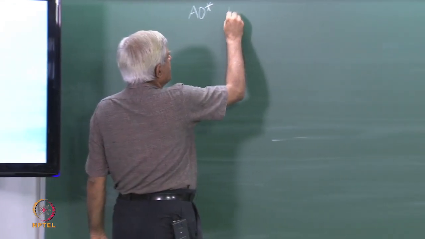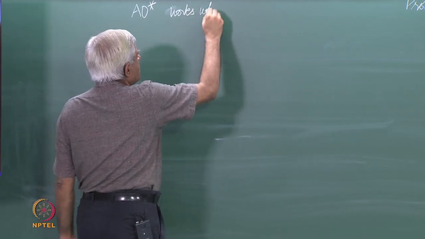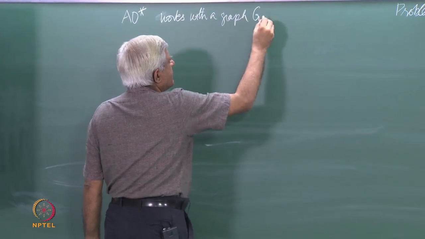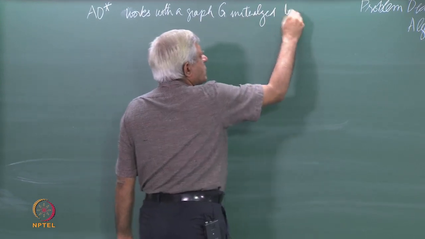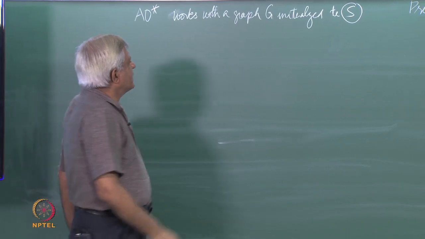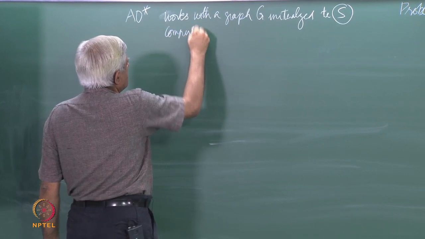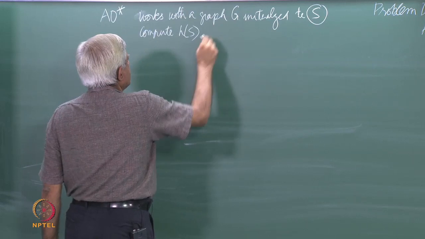Okay, so just think about this. I will come back to this question in a moment. So, let us write this. AO star works with a graph G, which is initialized to S, which is a single node S essentially, and then it says compute H of S and initialize.